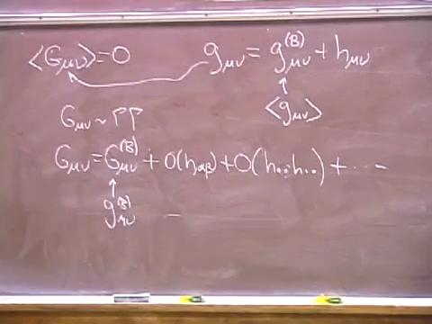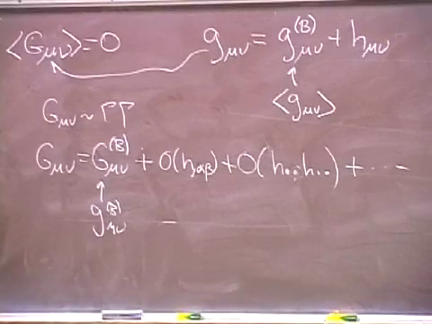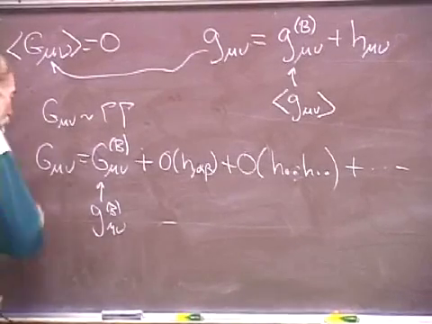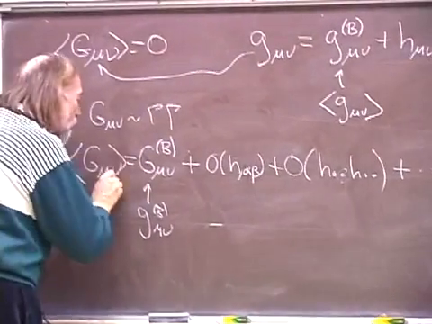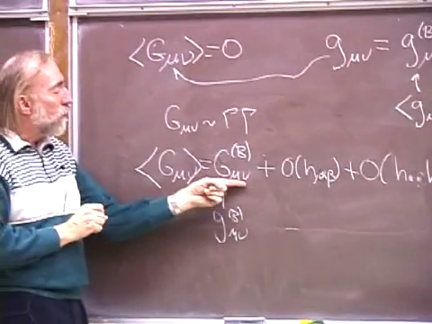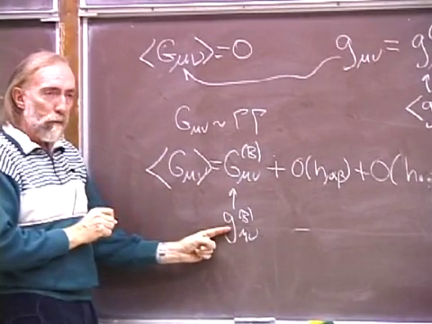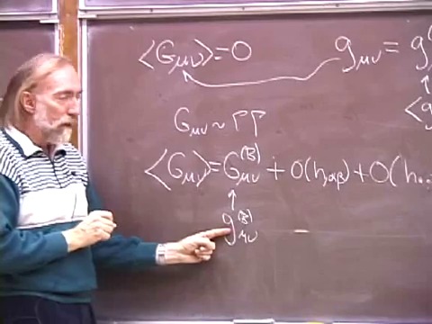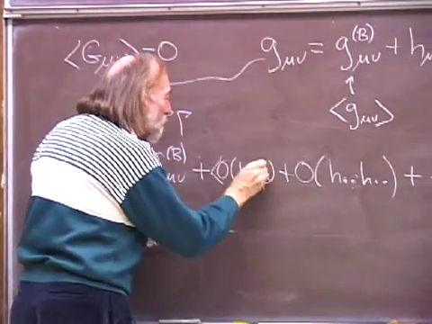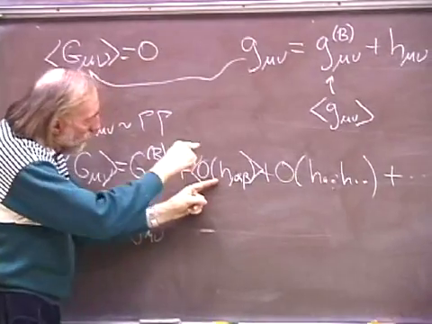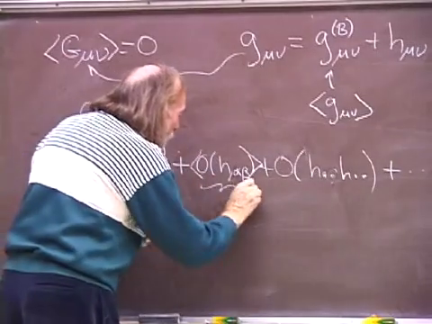Now, of course, the metric perturbation is very small numerically. But when I do my averaging, this guy is already smooth on the scale of a wavelength. He's constructed from the background metric. This guy, being linear in something that oscillates on a wavelength, the averaging gives 0.